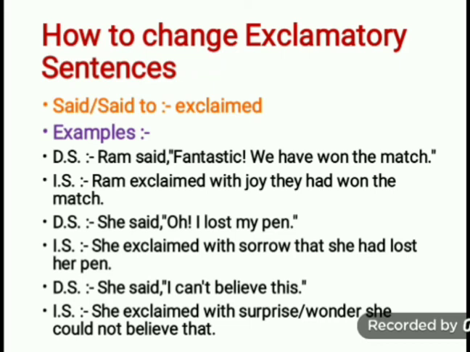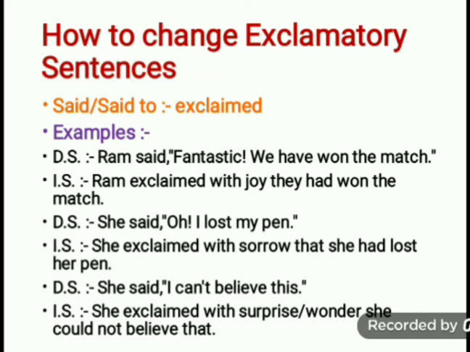Then I is a first person, so we have to convert it into the subject of the reporting verb, and the subject of the reporting verb is she, that's why we use she. Then can, as you know, can's past form is could. I told you in our previous video that can is to be converted into could, that is what we did here.